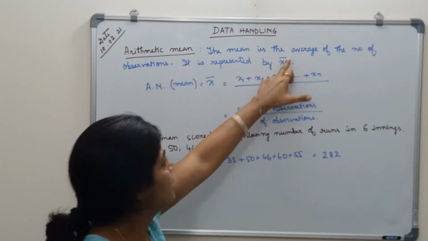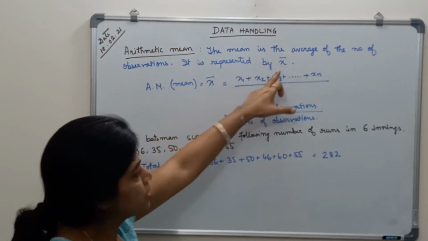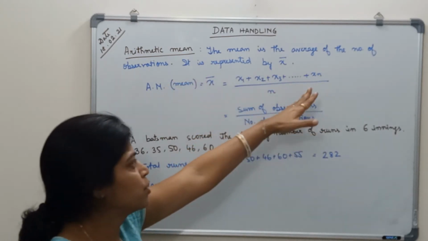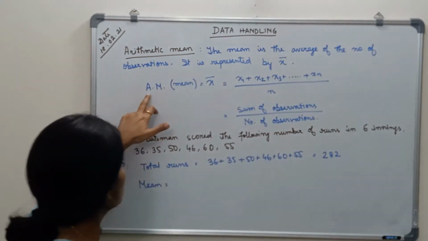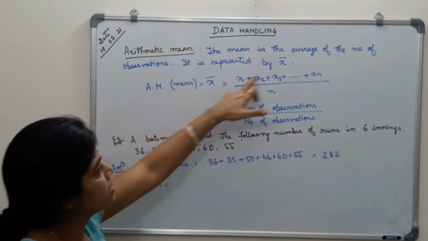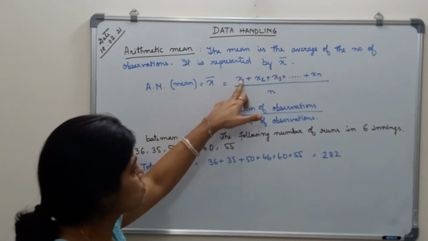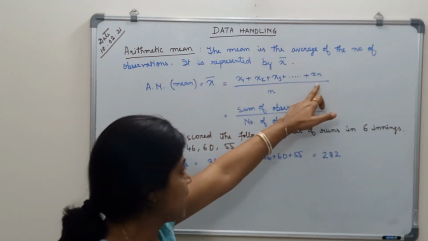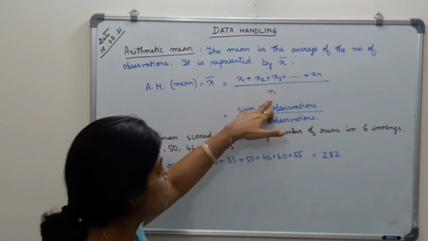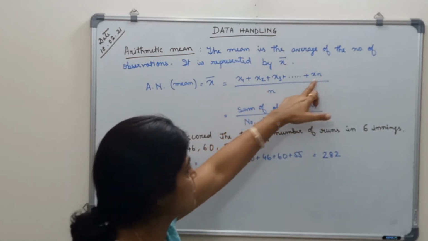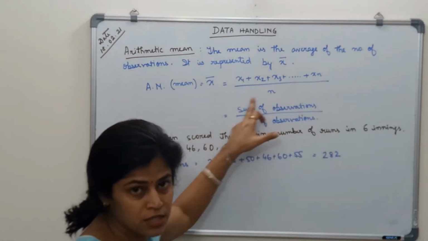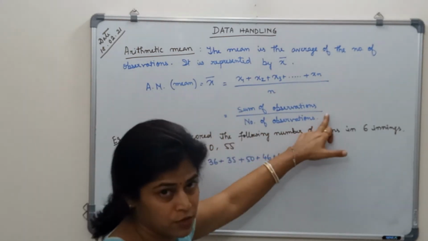Suppose x has the values x1, x2, x3 up to xn, where the number of observations is n. So the arithmetic mean, represented by x bar, is equal to x1 plus x2 plus x3 and so on up to xn, divided by the number of observations. Here n is the number of observations. That is, the sum of observations divided by the number of observations.